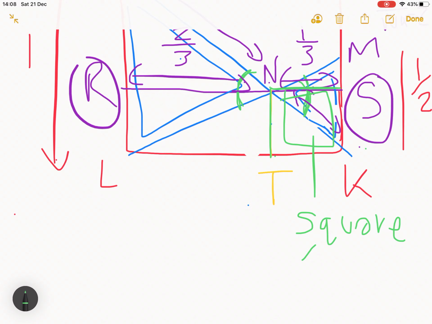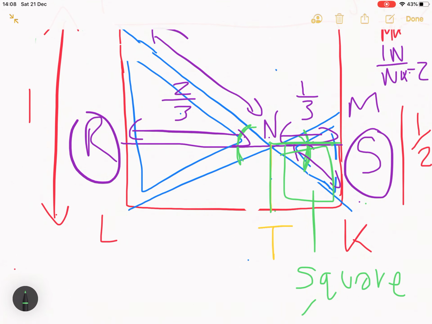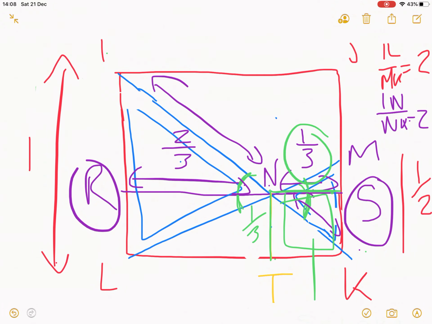So if NS is a third, then NT would also be a third. So now we know all the lengths of the sides of the triangles, so we can find out the areas of all of them.